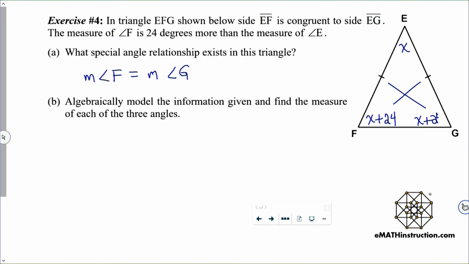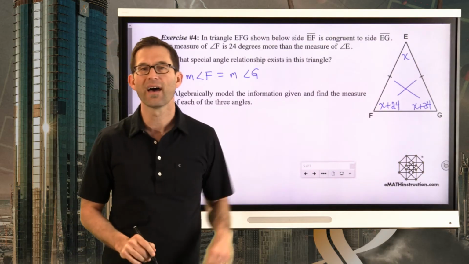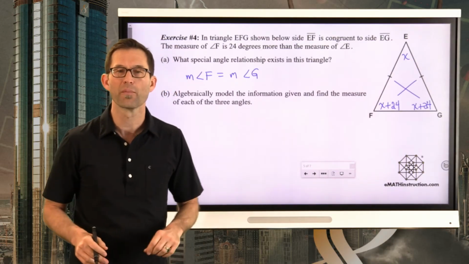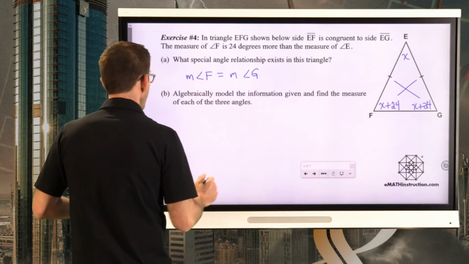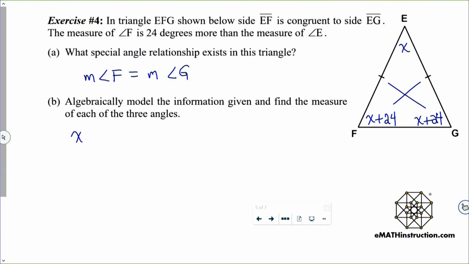And anytime we've got the three angles of a triangle all filled in like that with the variable x or whatever variable you're working with, now we go right to our old habit of saying, all right, if I take x and I add it to x plus 24 and I add it to x plus 24, I'm going to get 180 degrees.